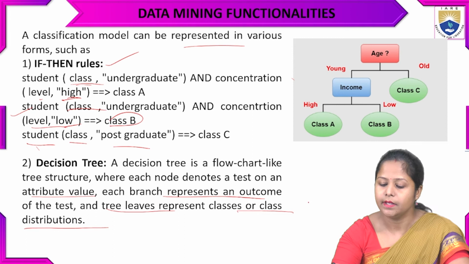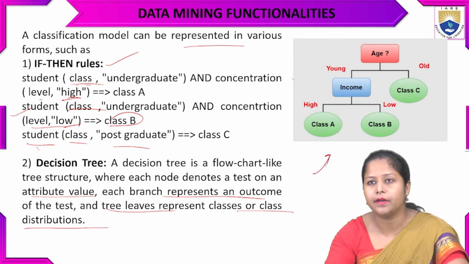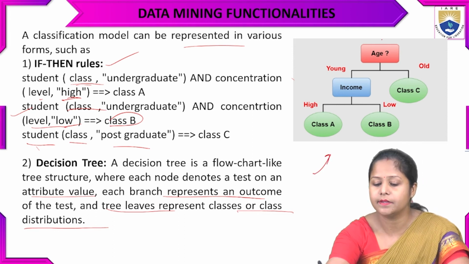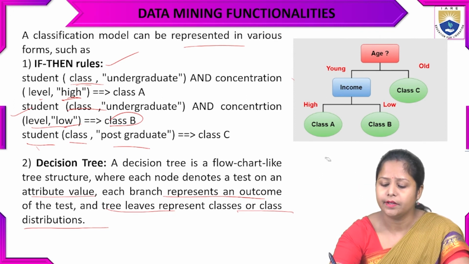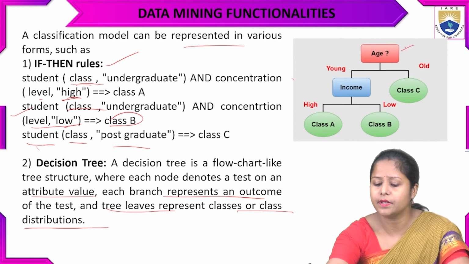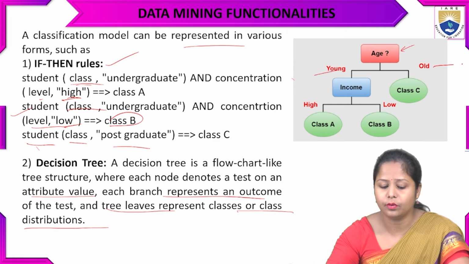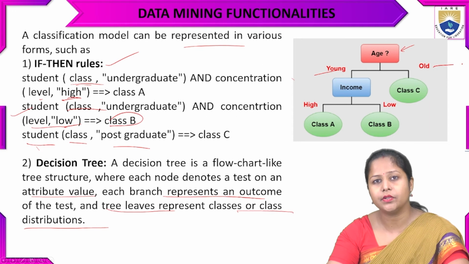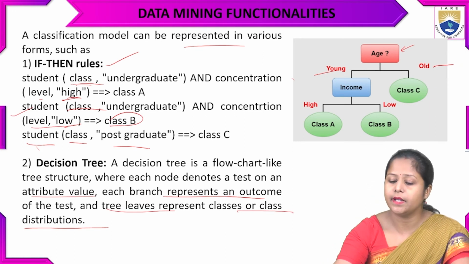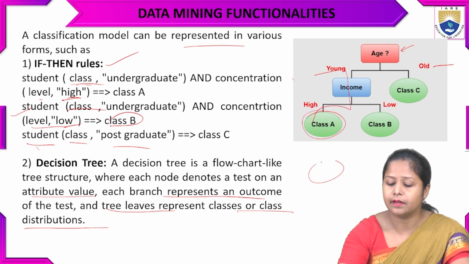So we can see in this example figure, here age is the root. It looks like a tree. Here the root is age, and then it is divided into young and old. Those are nothing but the branches of the tree, and again it has leaves, the circle-like structures.